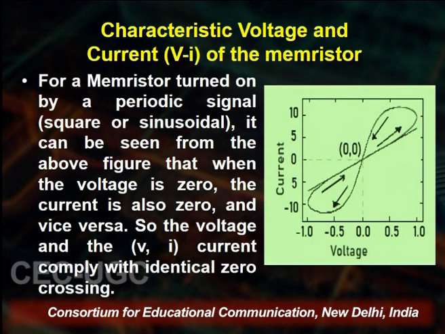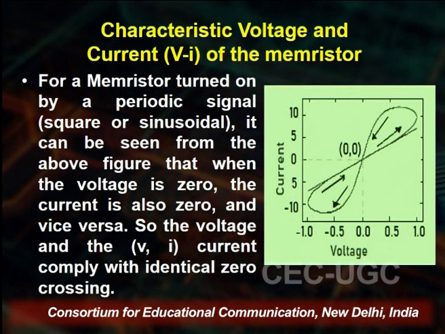Now, for a memristor driven by a periodic signal, square or sinusoidal, it can be seen from the above figure that when the voltage is 0, the current is also 0 and vice versa. So, the voltage and current comply with the identical zero crossing.